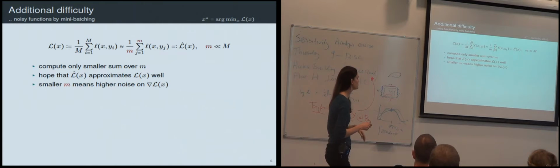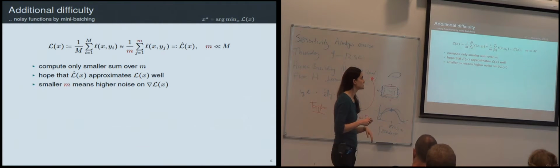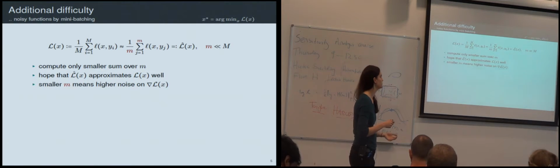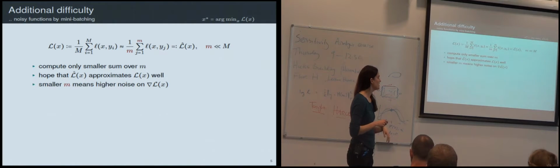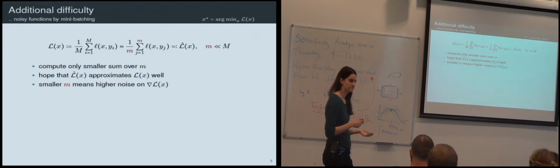And so what people do is they approximate this function and its gradient by just a smaller sum. So you subsample. You have some index set j, and you take that randomly from your whole index set. So m is very small, maybe 10 or 100 or 1,000, and then you can evaluate this very fast.